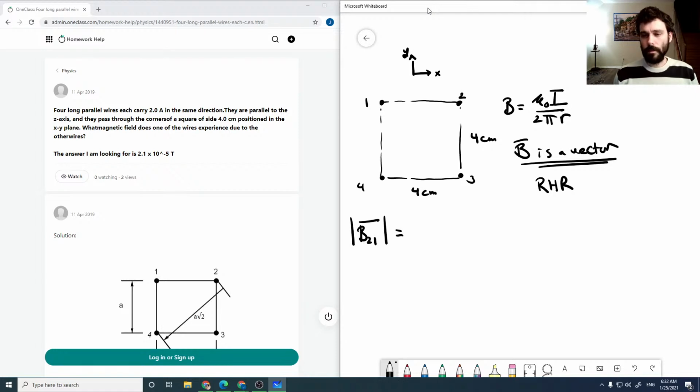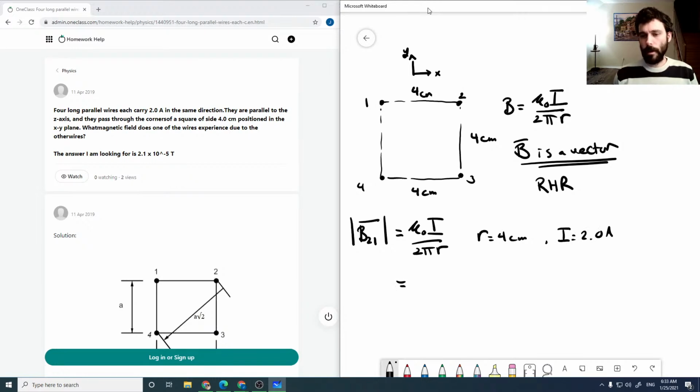So right now I'm just going to do B to 1. My magnitude is mu naught I over 2 pi r. My r is 4 centimeters. My I is given in the question as 2 amps.